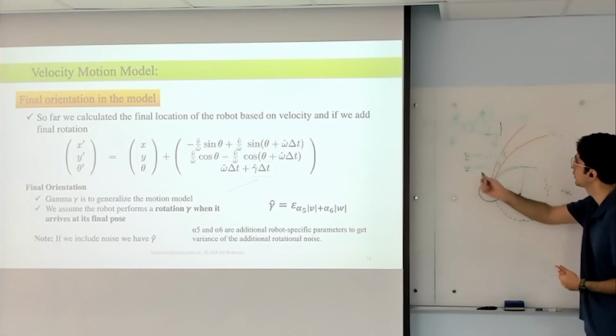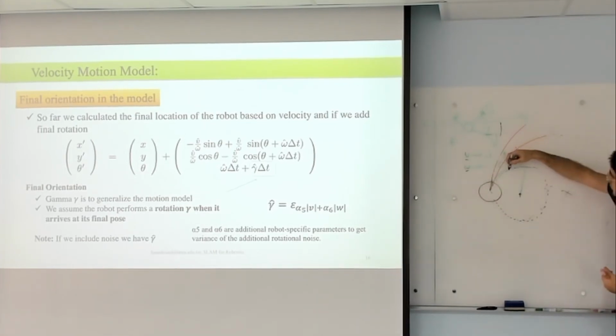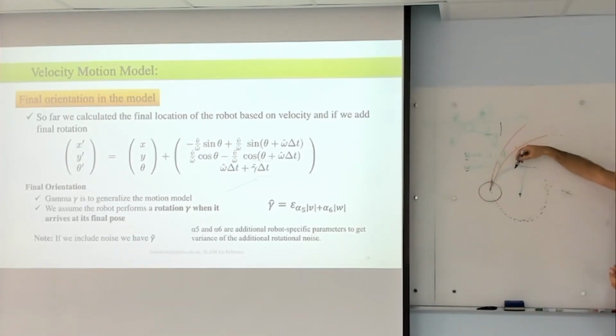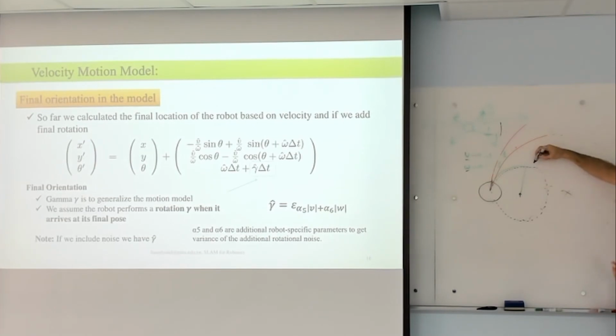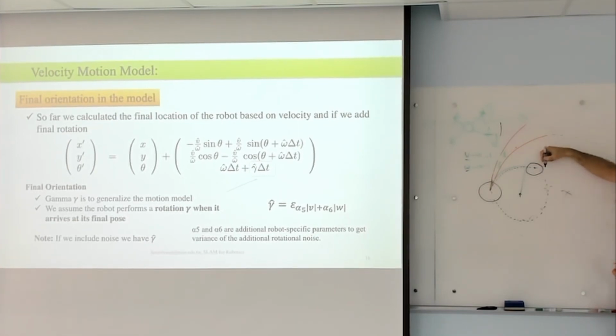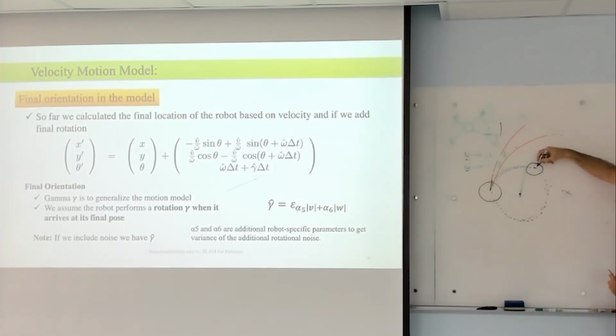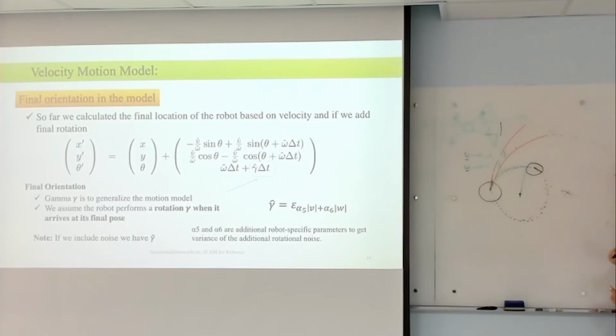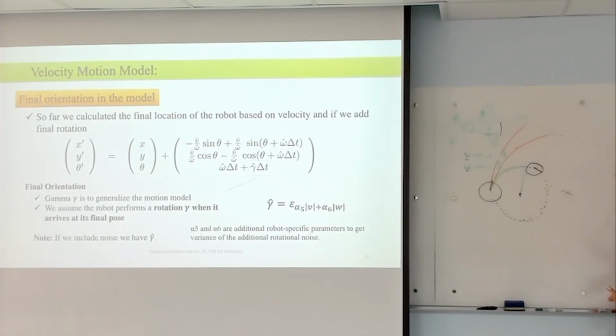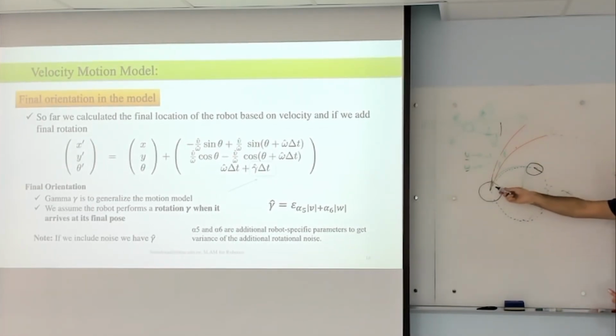Then the robot, let's say, moves along this green line. And based on delta t, if the robot ends up here, what will be the bearing based on the calculation that I have? The bearing will be this, right? So the robot moves from here and ends here, and the bearing is like this.